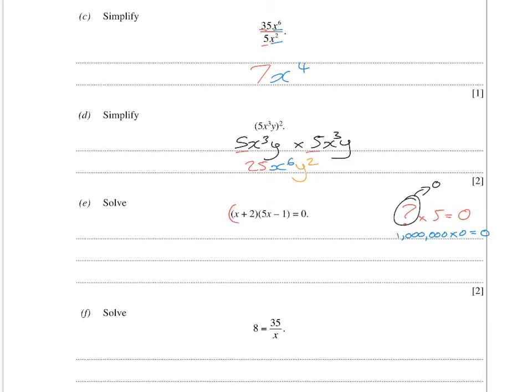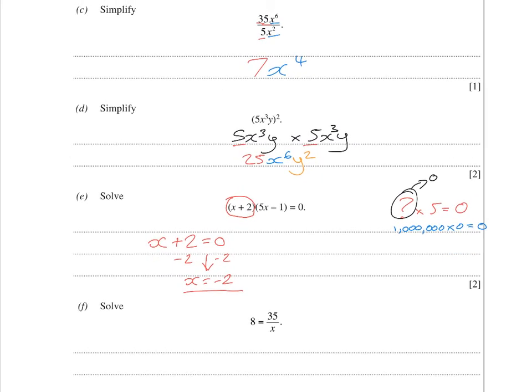So focusing on this one here first, that's telling me that x plus 2 is equal to 0. So whichever way you do it, I'm going to take away 2 from both sides, or you could take the plus 2 over, we get x equals minus 2. Now, sticking minus 2 into that, minus 2 plus 2 is 0, and it doesn't matter what this is, because 0 times something will be 0.